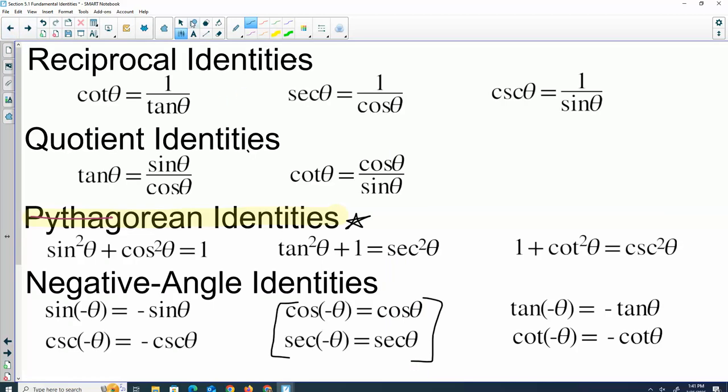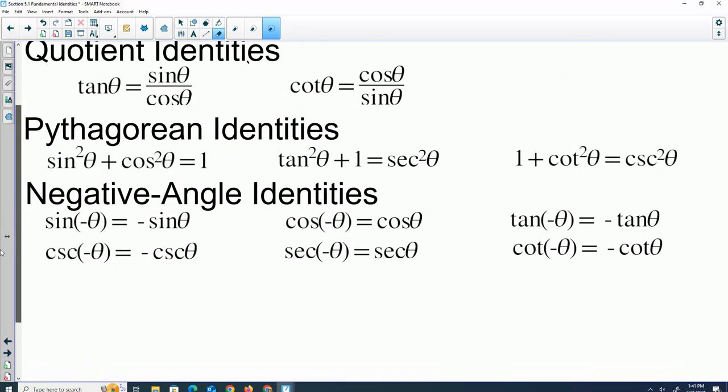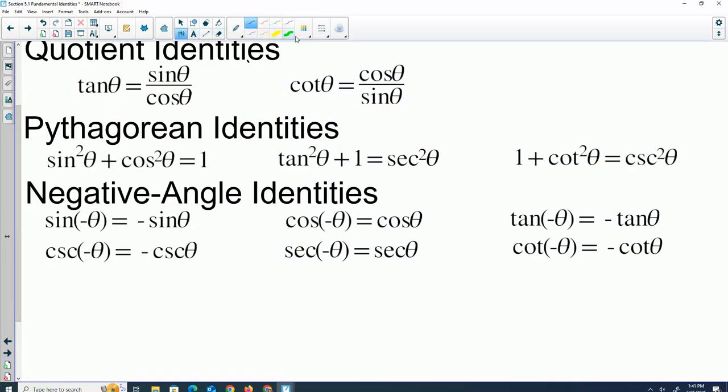We can do a little bit more with that. If you look at our identities, this one has a cosine squared in it. If you manipulate this identity and subtract the cosine squared over, that means 1 minus cosine squared is equal to sine squared. Do you guys see that?